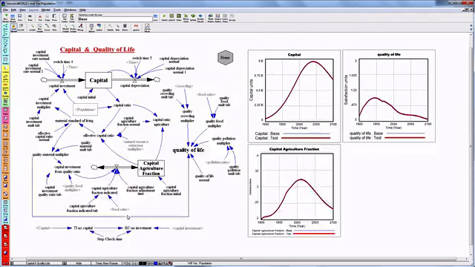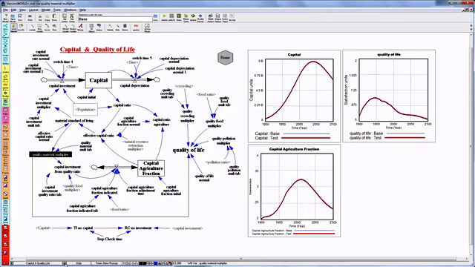If we continue down to the capital sector, again, just a simple stock of capital and a sort of quasi-coflow for the fraction of capital that's devoted to agriculture. Here we also have a quality of life metric that's a function of crowding, food, pollution, and material possessions or material output.